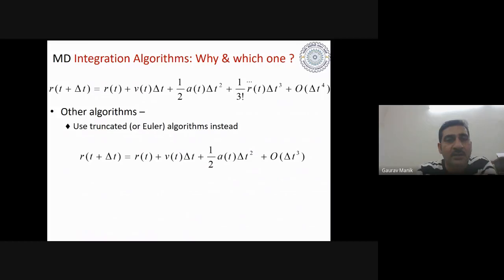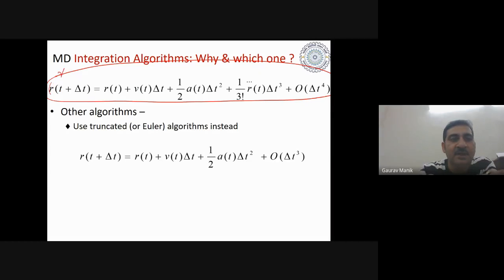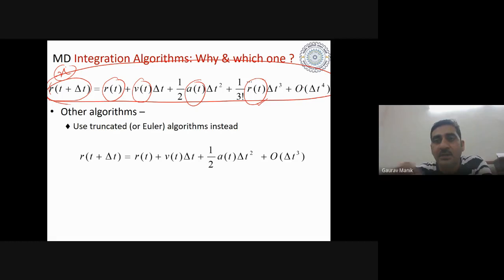So this is what I was trying to say: in this case R is nothing but X that I mentioned in my previous discussion. The position of a particle at any time t plus delta t is governed by what its position was earlier, what its velocity was earlier, what its acceleration was earlier, what its third derivative of position was earlier, and that's it.